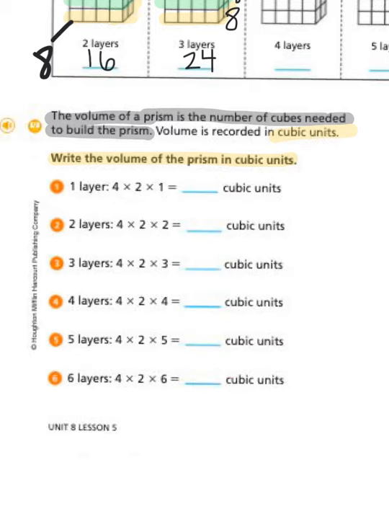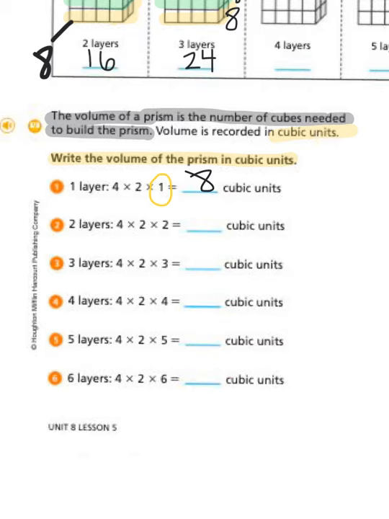So let's go back to layer 1 and look at what we did. We had 4 times 2, and there's only 1 layer of that. So only 1 layer there. So 4 times 2 is 8 times 1 is 8. So basically we put 8 there.